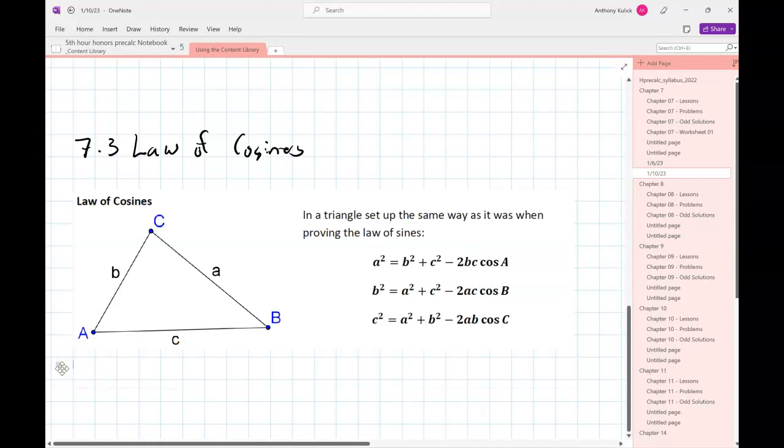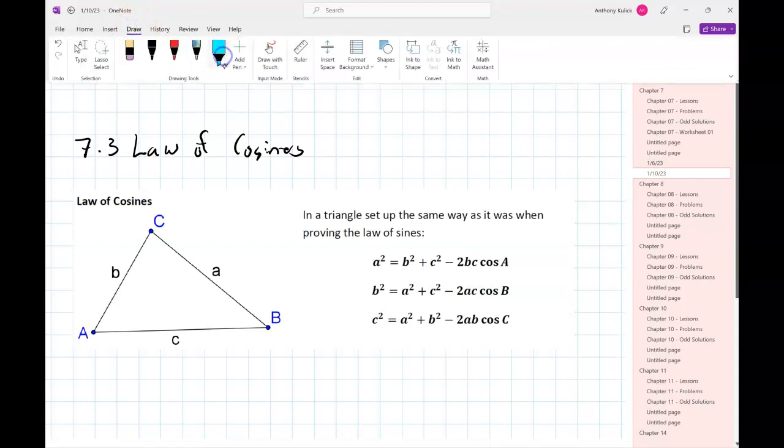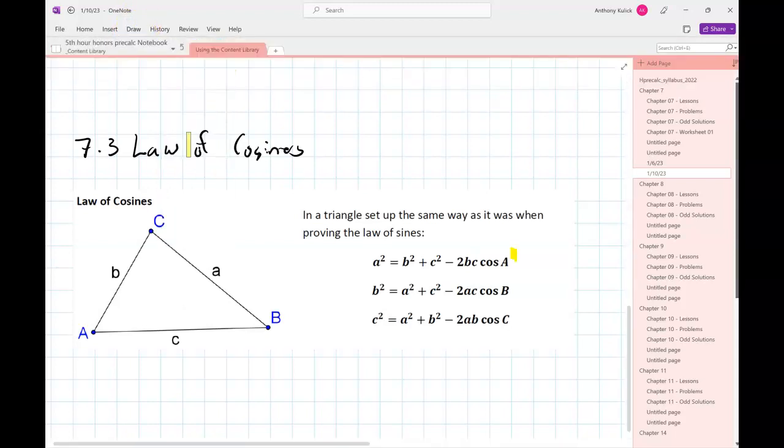So again, for a non-right triangle ABC, with side lengths named based on their opposite vertex, we can say the following. We say that a squared is equal to b squared plus c squared minus 2bc cosine A. What does that formula remind you of? Looks like the Pythagorean theorem, and we've just added on some additional correction factor because this is not a right triangle.